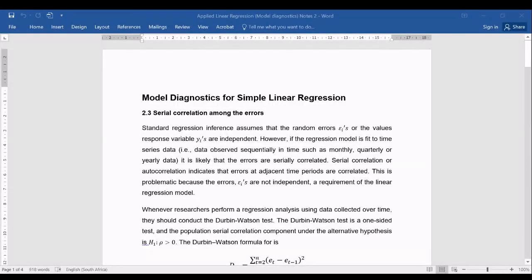It's because of that assumption that we are doing inference on these variables.